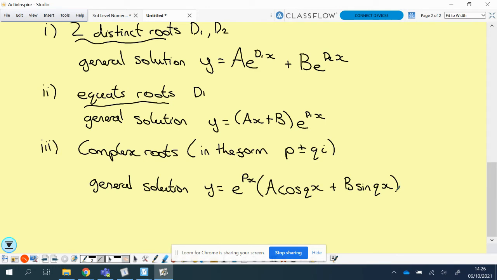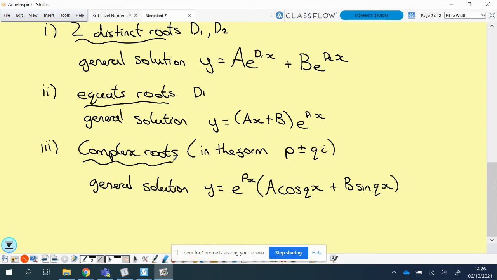So depending on which category we're in will depend on how our general solution will work. But what we get for our roots we use to get our general solution. You okay with the three different types? We'll now look at an example of each type to show you how we can do it.